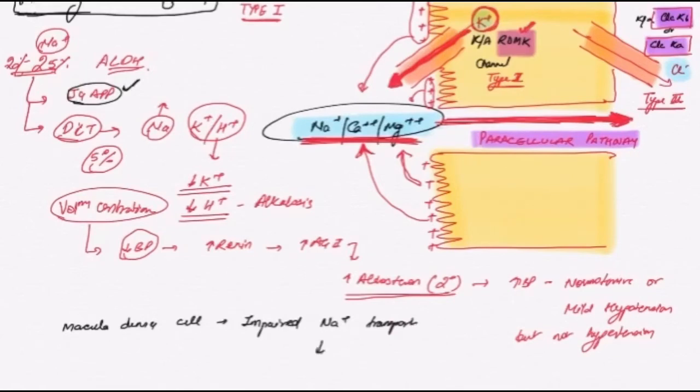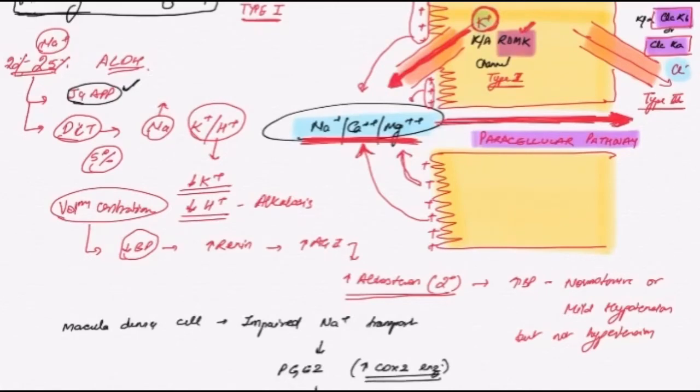As a result, they start secreting increased amount of PGE2 because of increase in the cyclooxygenase 2 enzyme inside these cells.